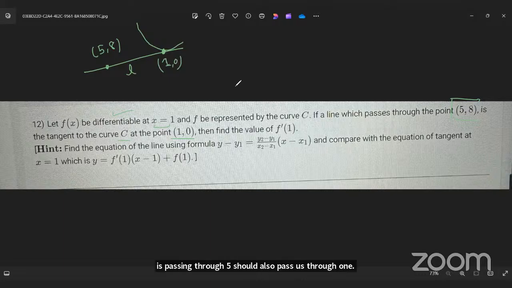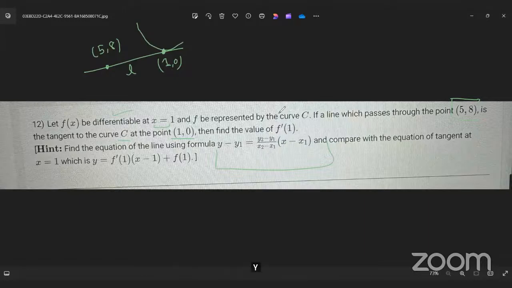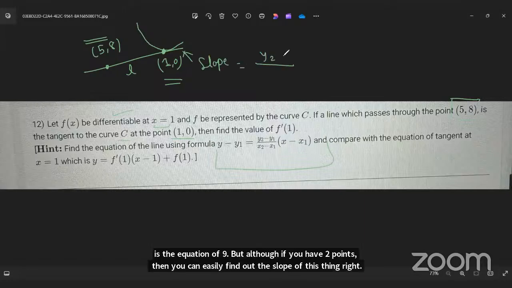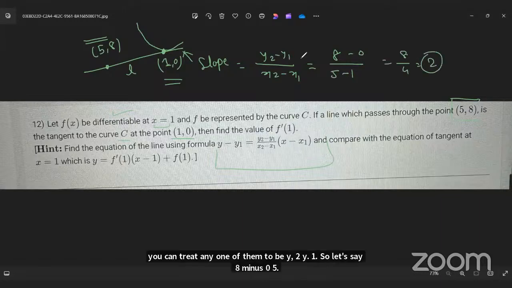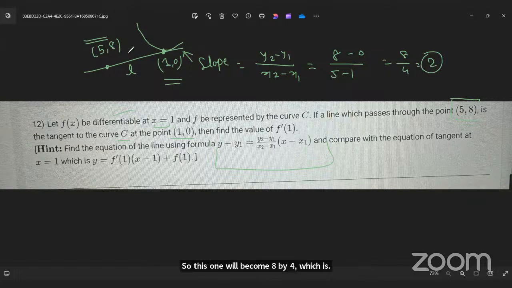Whenever you have 2 points, you can easily find the slope of the line: y2 minus y1 upon x2 minus x1. So 8 minus 0 over 5 minus 1, which becomes 8 by 4. That means the slope of this line is equal to 2.